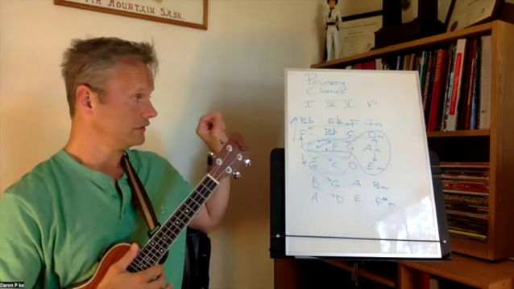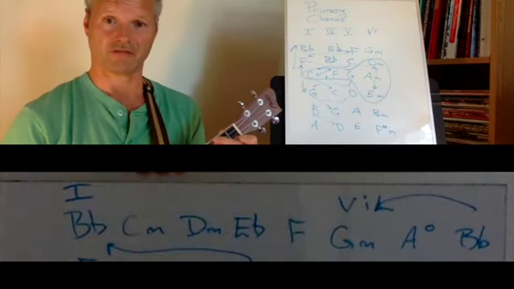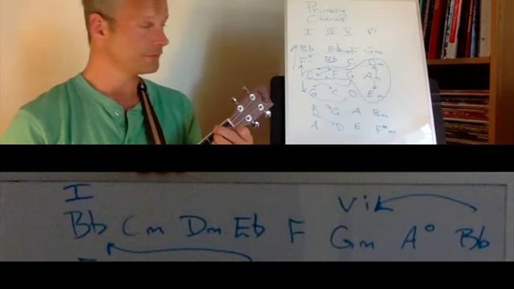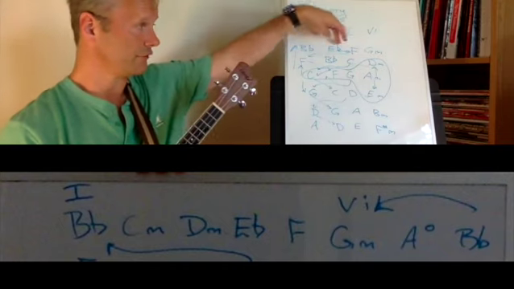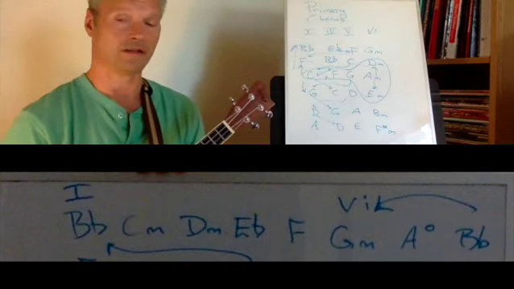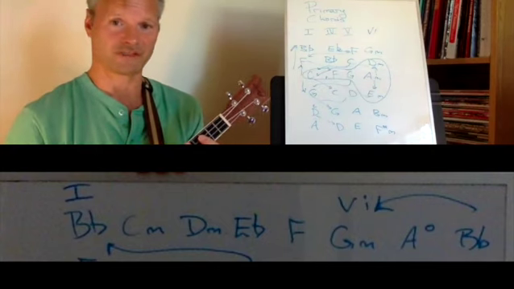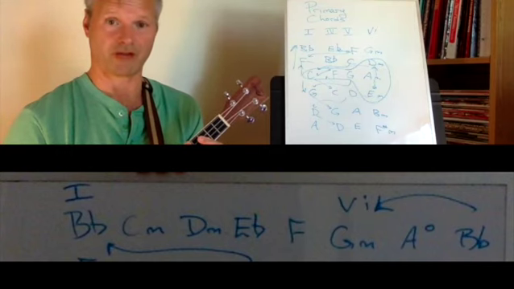And finally, let's do the key of B flat. We've got B flats and E flats and Fs, D minors, G minors, and something here, the relative minor of E flat. That's a C minor. A C minor is exactly like a B minor, just up a fret.